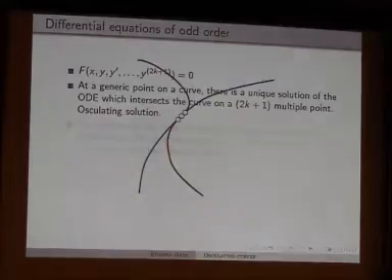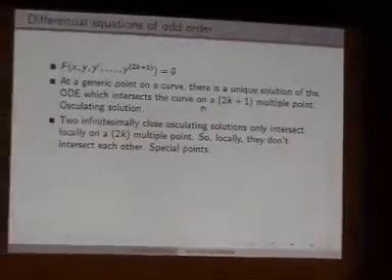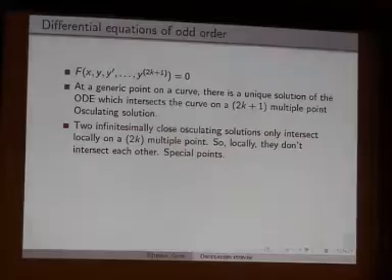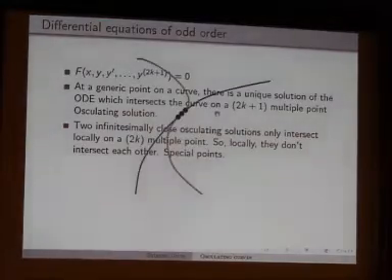Now, if we take 2 infinitesimally close oscillating solutions, each one of them intersect in 2k plus 1 consecutive points, so 2 of them intersect on 2k points. Here's a picture.